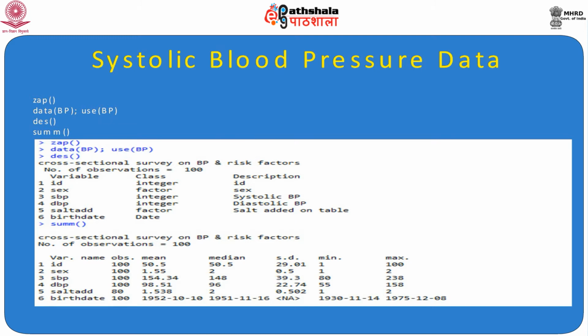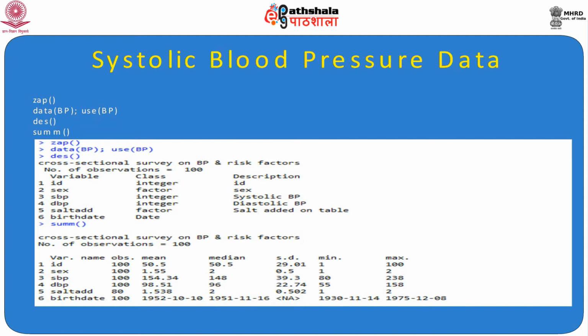Systolic blood pressure is observed with mean value 154.34, median value 148, minimum value 80 and maximum value 238. Diastolic blood pressure is observed with mean value 98.51 and median value 96. Salt added or not is given as 1 and 2, and out of 100 individuals only 80 individuals' measurements were found and 20 individuals' salt intake value was not given.